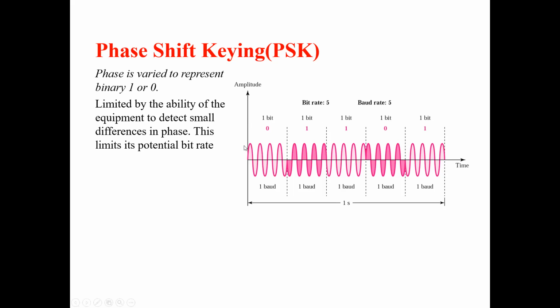When the phase is changing, from this wave to this, the phase is changing. So we are determining the signal according to the phase change. That is called phase shift keying. Everything we have to determine in the format of 1 and 0.